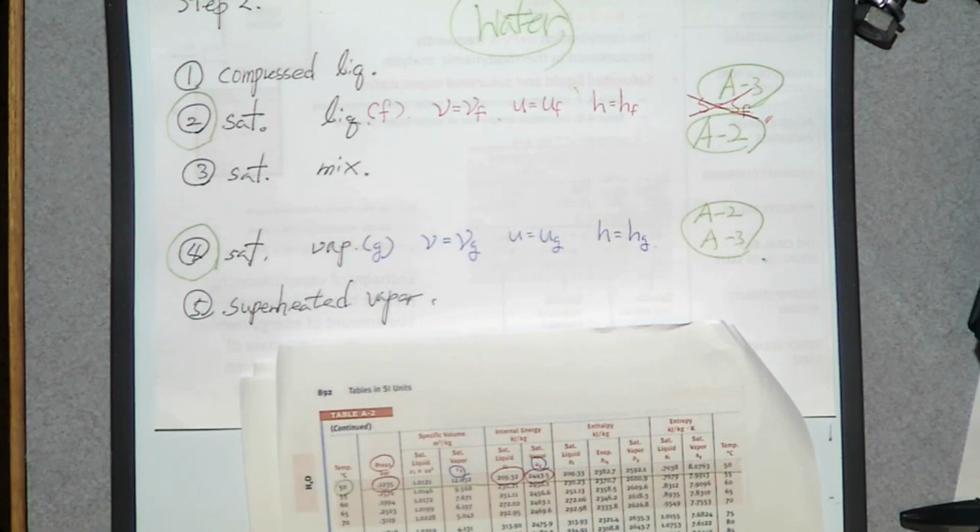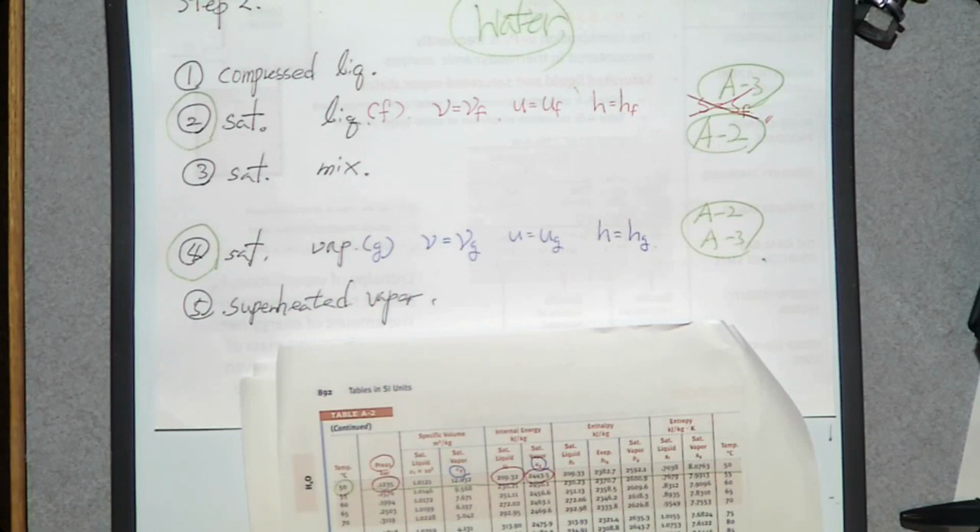One mixture can contain 10% liquid and 90% vapor, or 50% and 50%, or 40% and 60%. So before you evaluate a property of this saturated mixture, you need to know the ratio between liquid and vapor in the mixture, right?